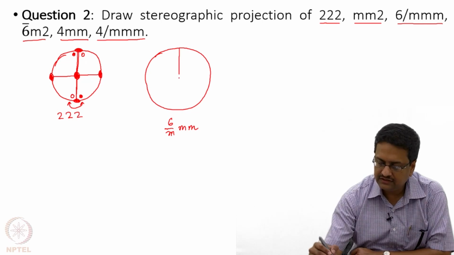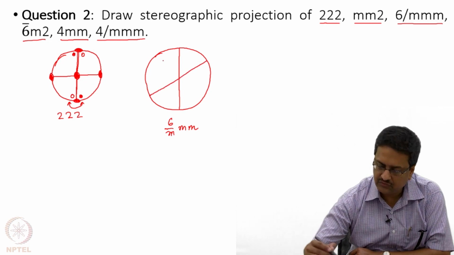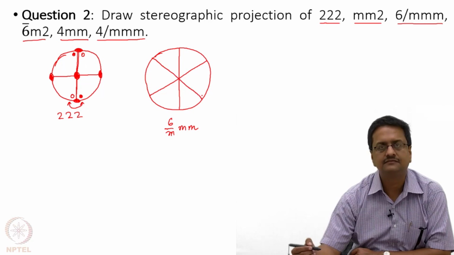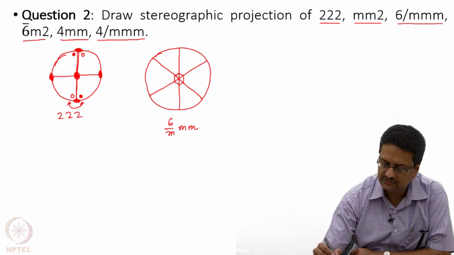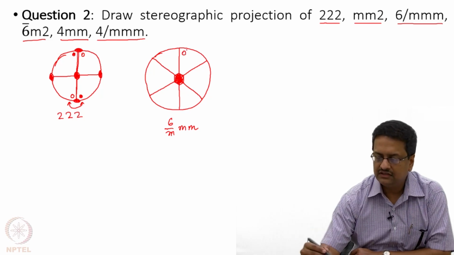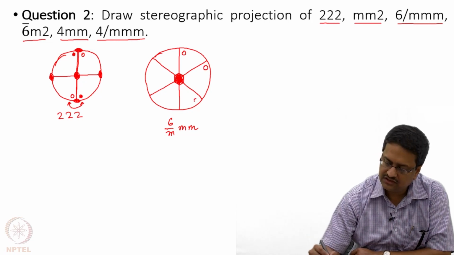As soon as we see that it is a six-fold, we should draw 3 lines at 120 degree so that we make these 6 parts, and we assume that the six-fold axis is perpendicular to the plane of projection, and then we start with open circle. When it is six-fold, so at every 60 degree rotation you should have one open circle.